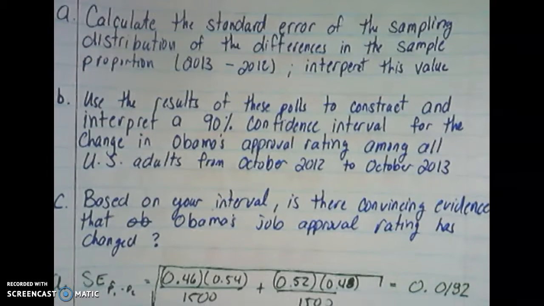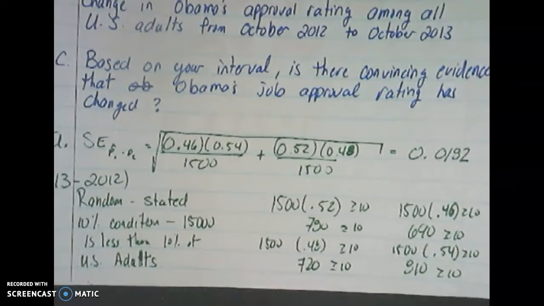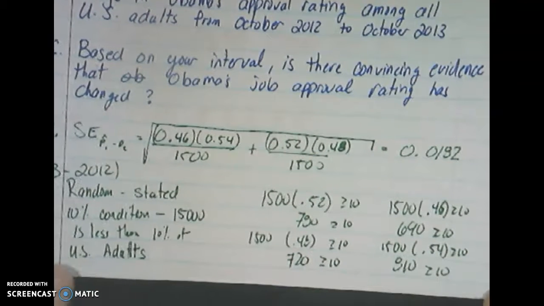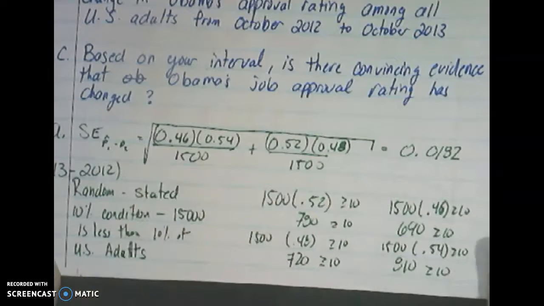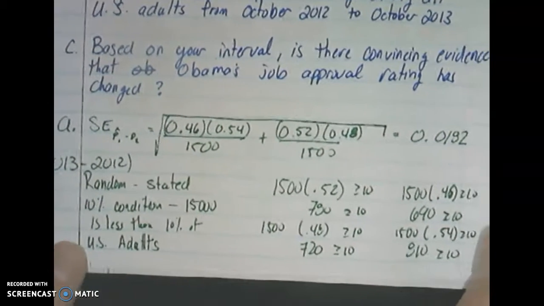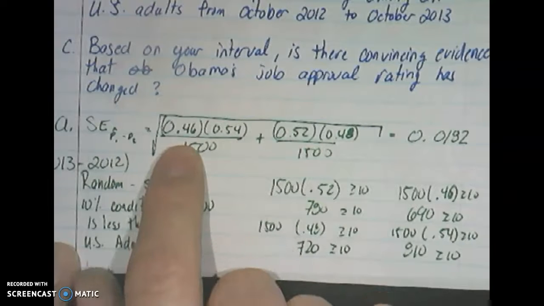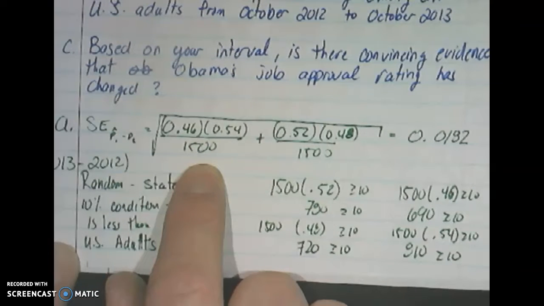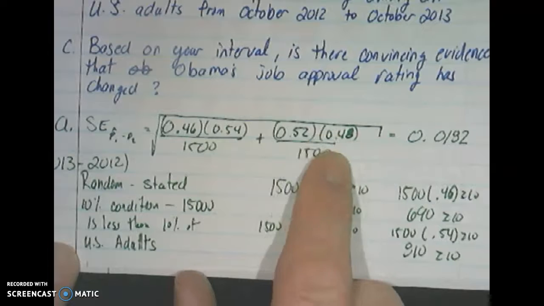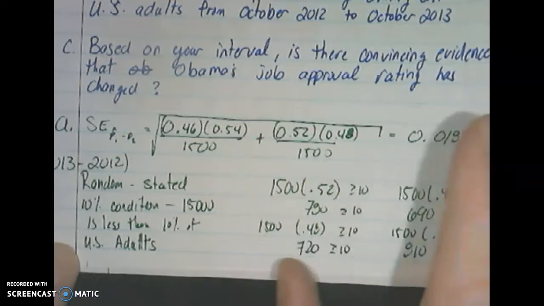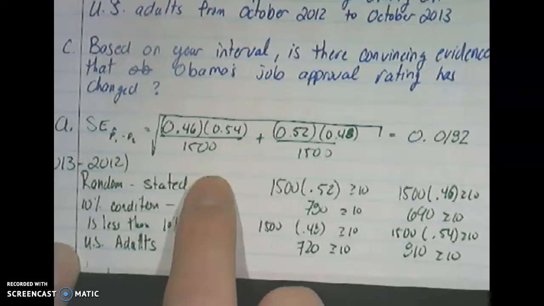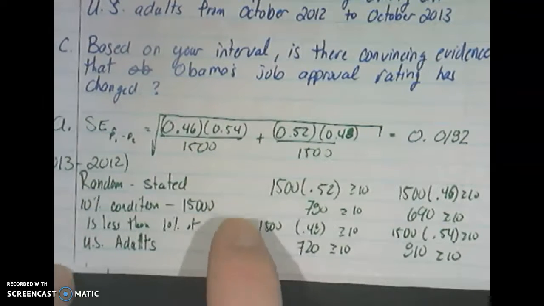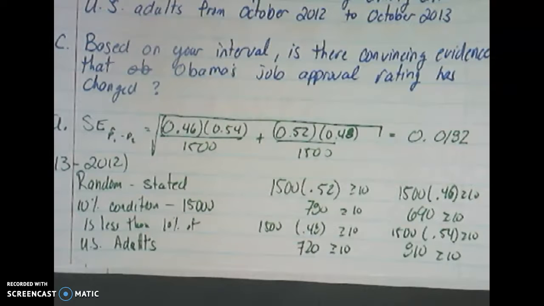So what we already did together, you guys weren't here, is we calculated our standard error. Remember, it's 2013 minus 2012: 0.46 times 0.54 divided by 1,500 plus 0.52 times 0.48 divided by 1,500. That gave us 0.0182. Then we state that it was random, and the 10% condition: 15,000 adults is less than the whole population of U.S. adults.